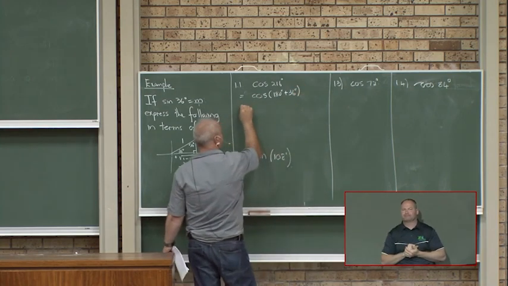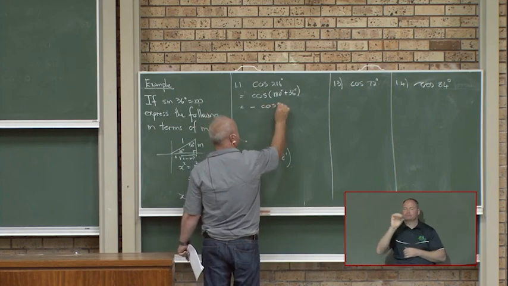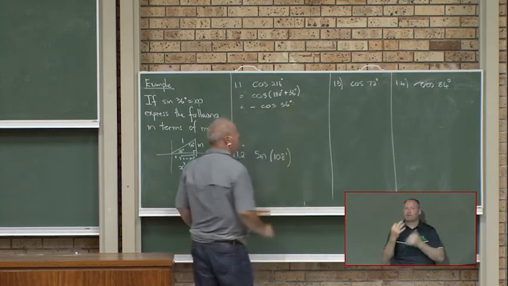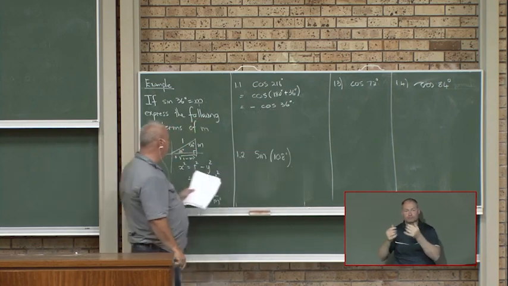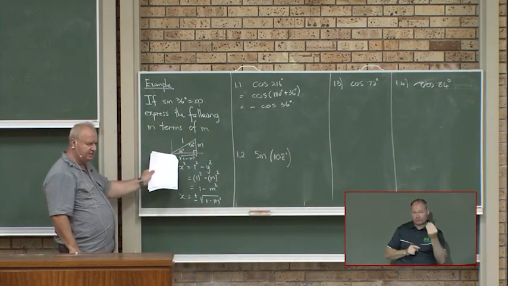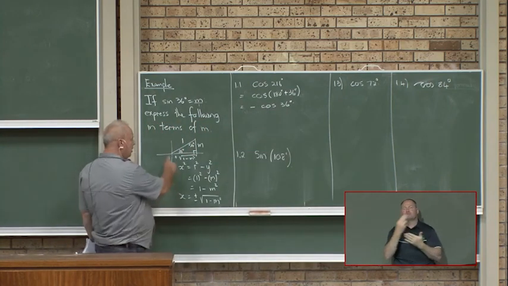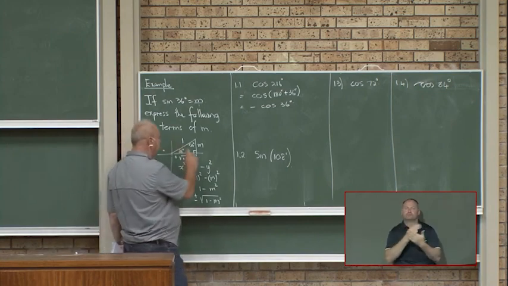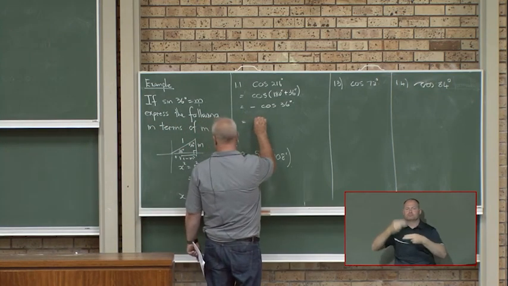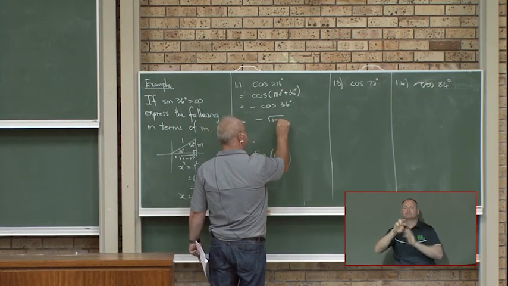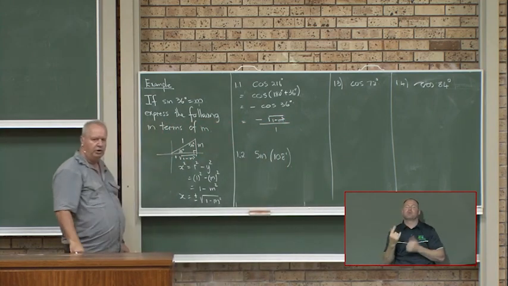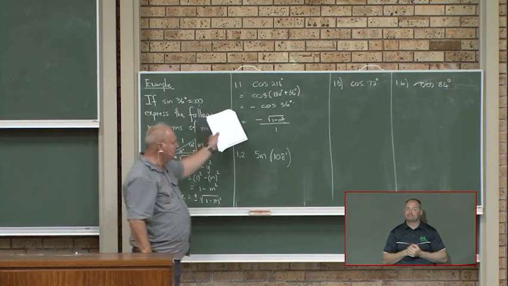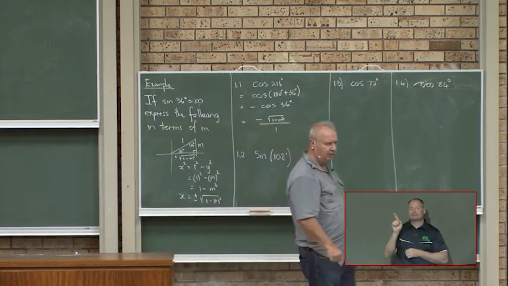In the third quadrant, cos is negative, so negative cos of 36 degrees. Once you've made that angle acute, is that acute angle found in the diagram? Yes. So we can use the diagram. The cos of 36 is adjacent over hypotenuse, so it is negative the square root of 1 minus m squared over the hypotenuse, which is 1. Are you happy? So the first step is always to make that angle an acute angle.